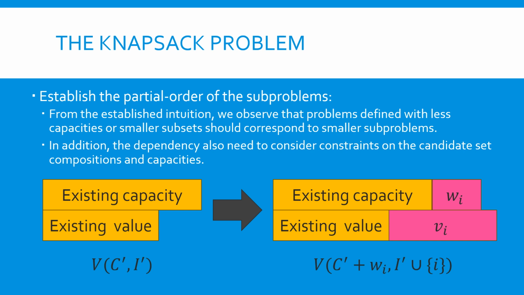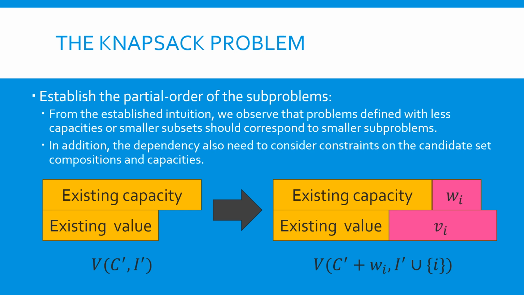Recall the figure that illustrates how to solve a larger problem using solutions to smaller subproblems. In that example, we add a new item to the existing collection and adjust the capacity and candidate set accordingly. We observe that subproblems defined with larger capacities and candidate item sets correspond to larger subproblems and depend on those with smaller capacities and candidate item sets.